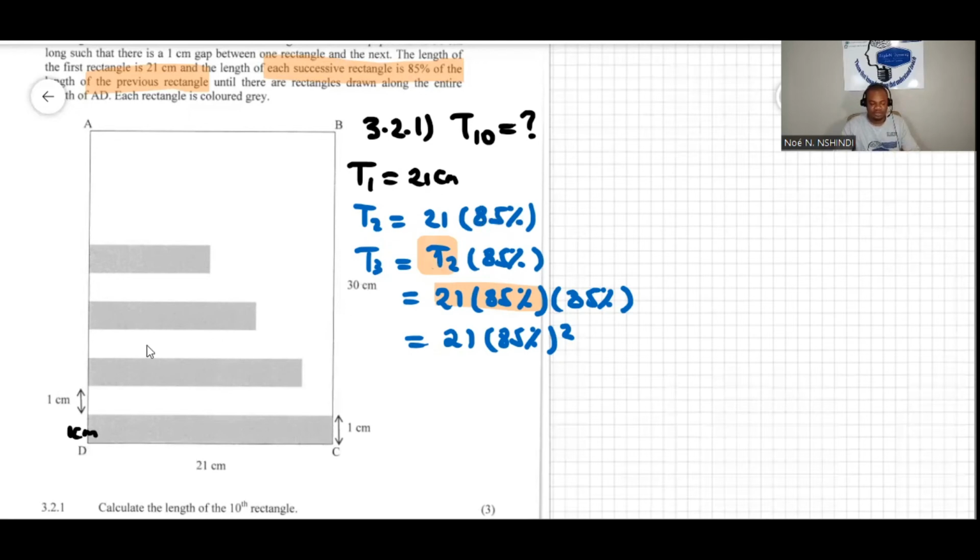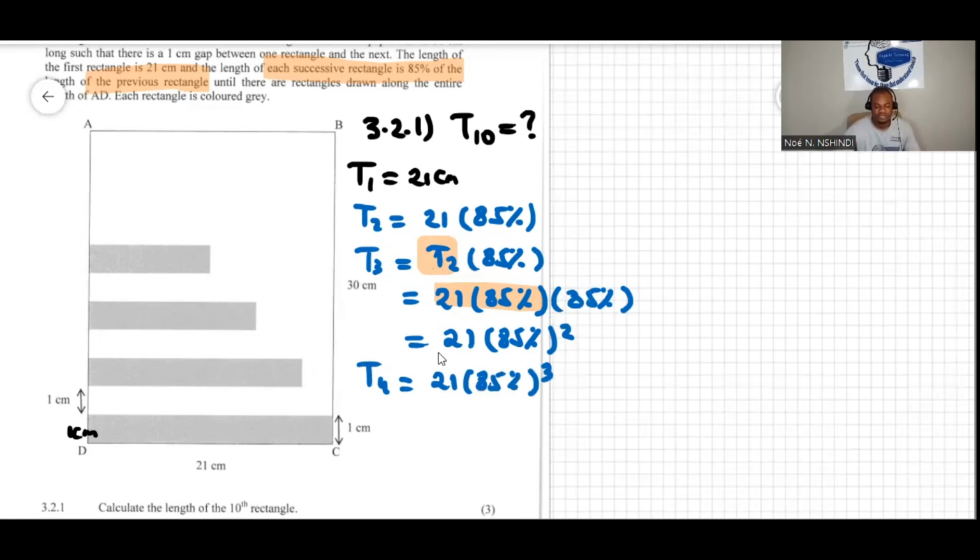The following rectangle, T3, will be 85% of the length of the previous rectangle, which is T2 times 85%. But T2 originally was 21 times 85%, so we take 85% of that amount again. And then T4 will be 21 times 85% to the power of 3.